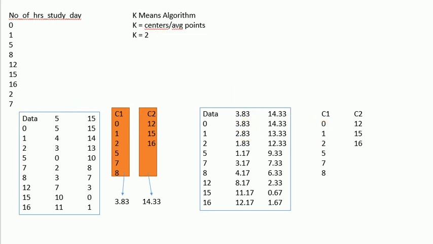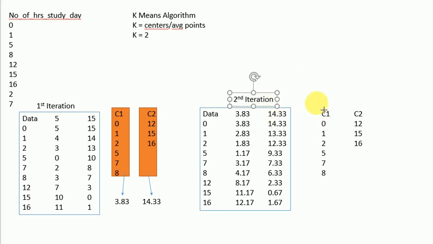Okay, so in this case, this was the first iteration, I will say. After the first iteration we got some output. So this is the output of the first iteration, C1 and C2. Then we moved on to the second iteration, and in the second iteration also we got this output.